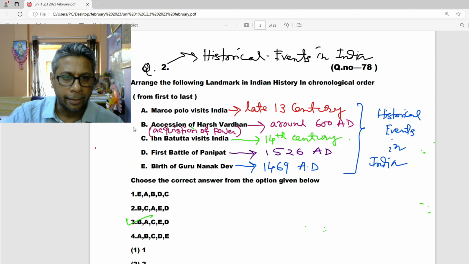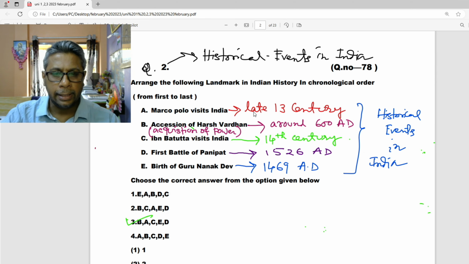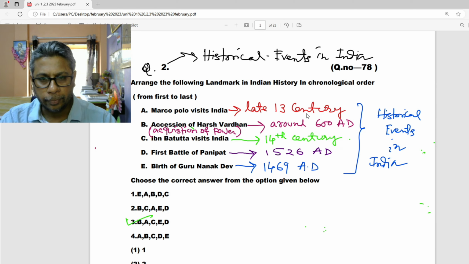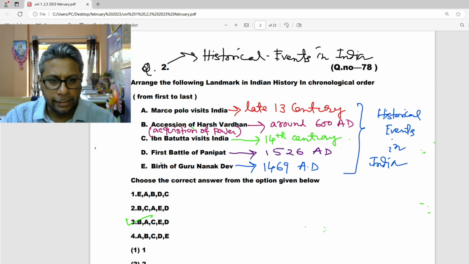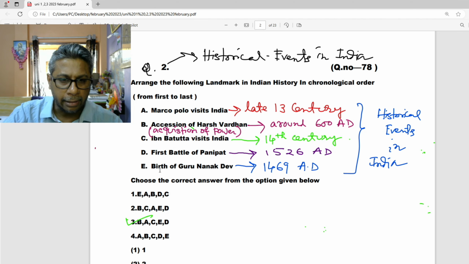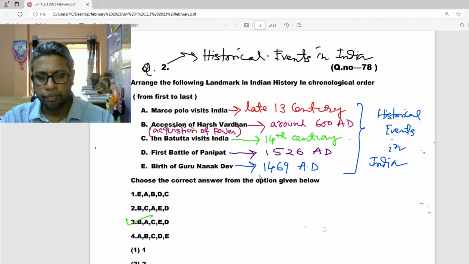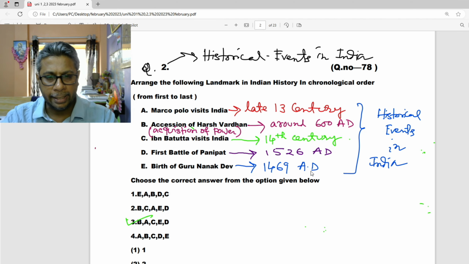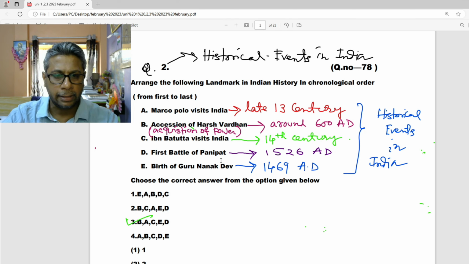Next, A, Marco Polo's visit to India in the late 13th century. Third, C, Ibn Battuta's visit to India in the 14th century. Next, E, birth of Guru Nanak Dev, 1469 AD, and last, the first Battle of Panipat, 1526 AD.